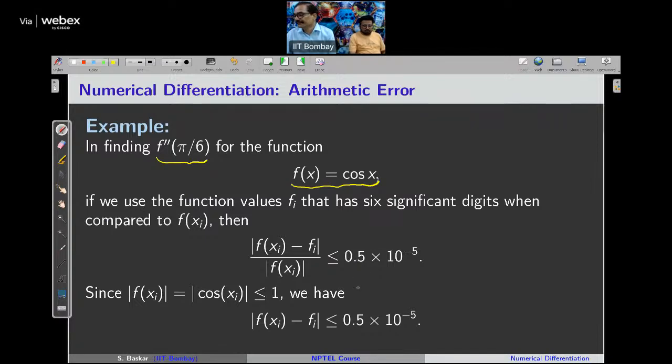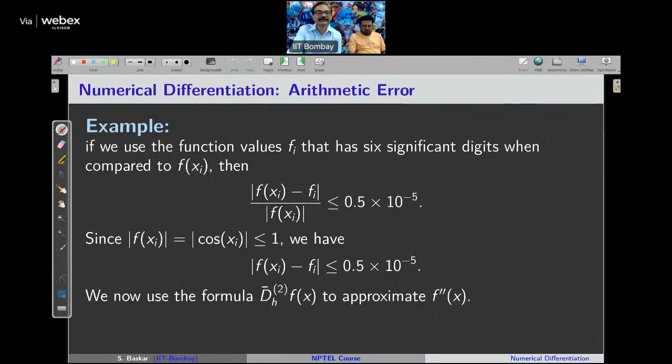In the tutorial, I think we asked, instead of f double dash, f dash of pi by 6. So more or less it will go in the same way. All this will go exactly the same, there is no difference because we are anyway using only cos, right? So all these steps will go on.